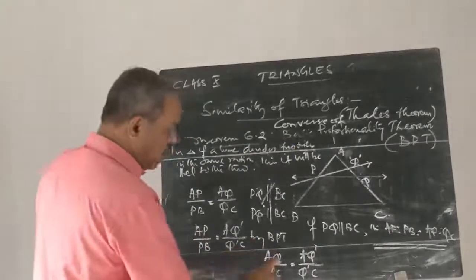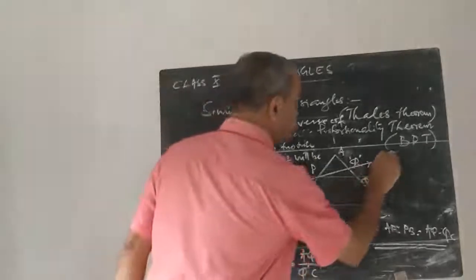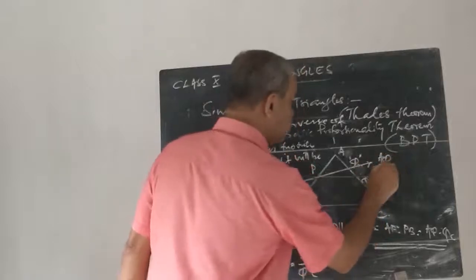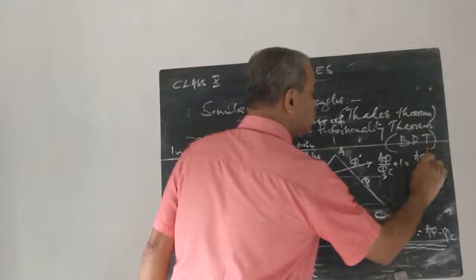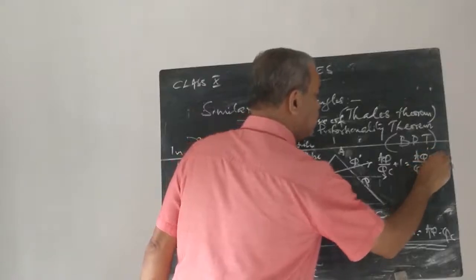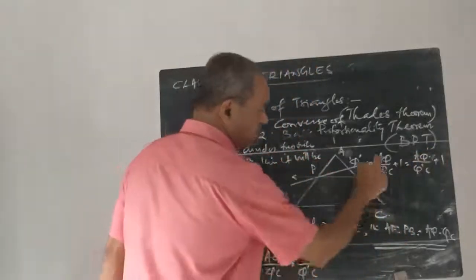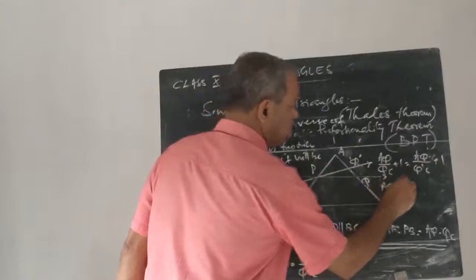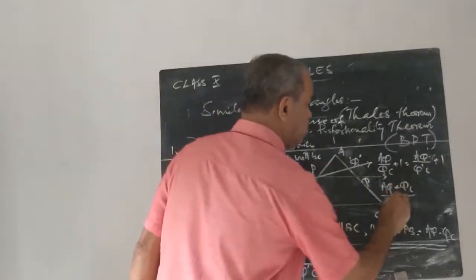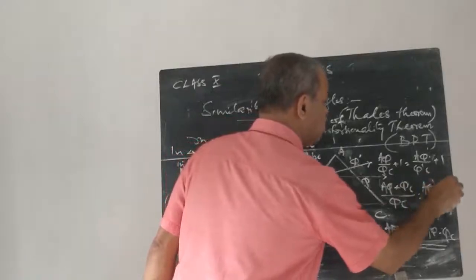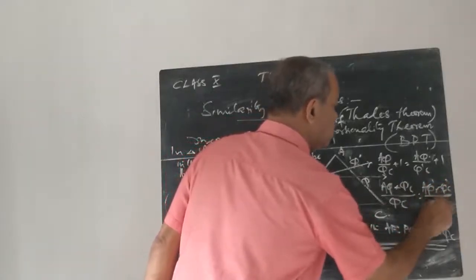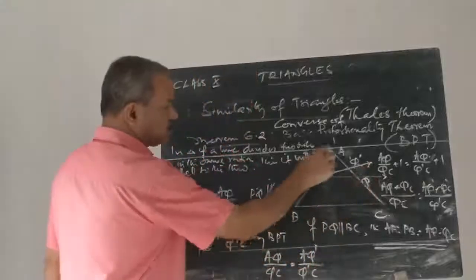To show that, add 1 on both sides. We get AQ by QC plus 1 equal to AQ dash by Q dash C plus 1. By simplification we get AQ plus QC by QC equal to AQ dash plus Q dash C by Q dash C. What is AQ plus QC?